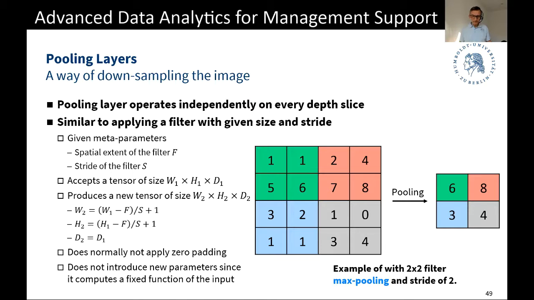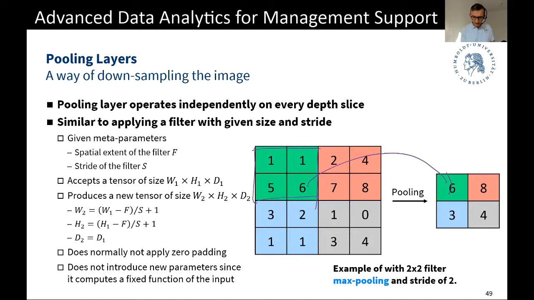And then if you imagine a 2x2 filter with a stride of 2 and max pooling, you put the filter here. Strictly, it's not a filter, it's kind of a filter. You put it over that part, and then you apply the max operation, so you find the 6.